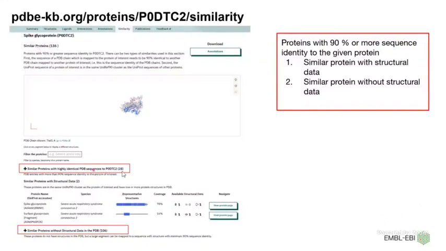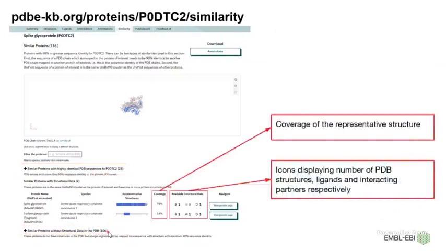You can see structures which have structural data, and you can see similar proteins without any structural data, which is essentially the sequences coming from UniRef90. For each of these similar proteins, you can see the coverage of the representative structure, and also what general structural data is available in terms of number of structures, ligands and interacting partners, respectively, from these icons.